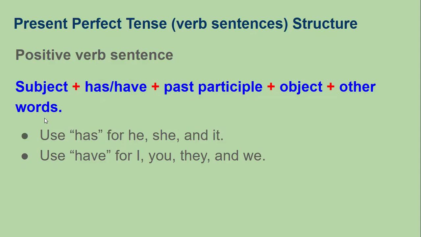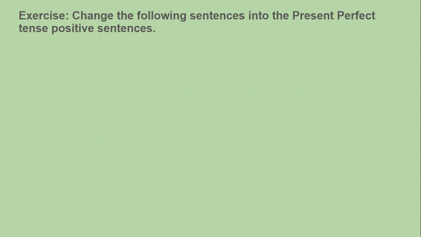Okay, so I have followed the structure of the present perfect tense positive verb sentence. So this is the structure of the present perfect tense positive verb sentence and the rules associated with it. Now, let us go to the next slide and apply the rules and the structure that we've just learned now.